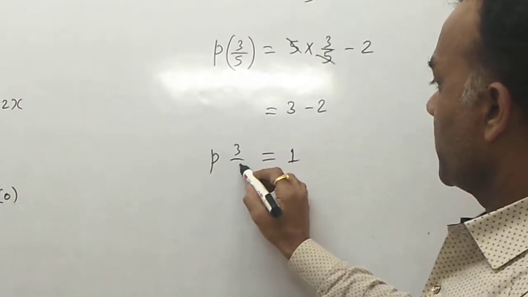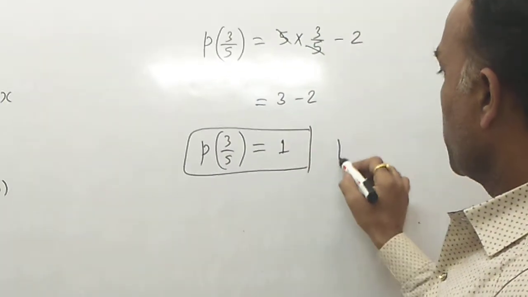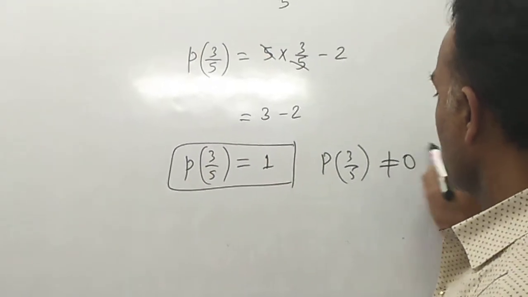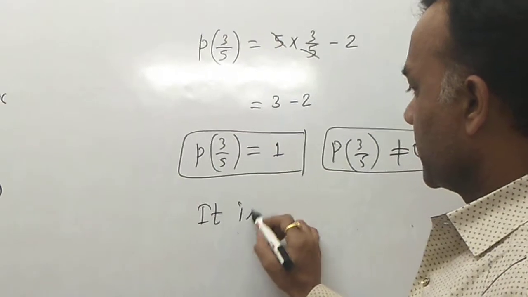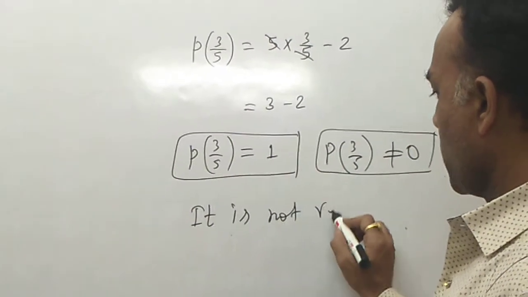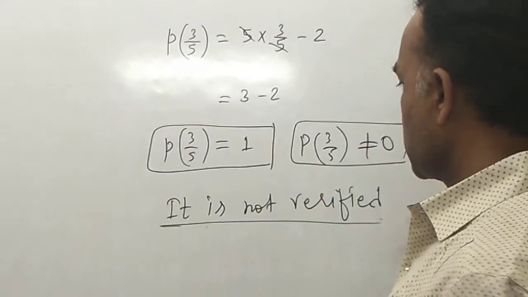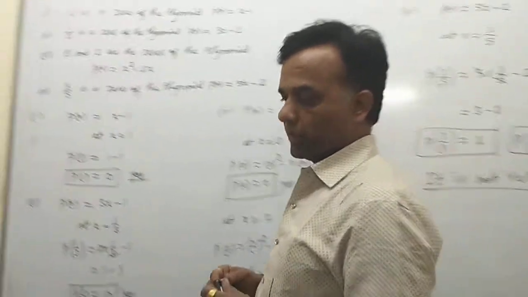So p(3 by 5) equals 1. It means p(3 by 5) is not equal to 0, so it is not verified. It means 3 by 5 is not a zero of the given polynomial.